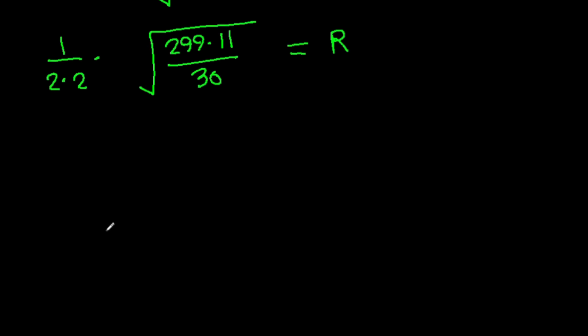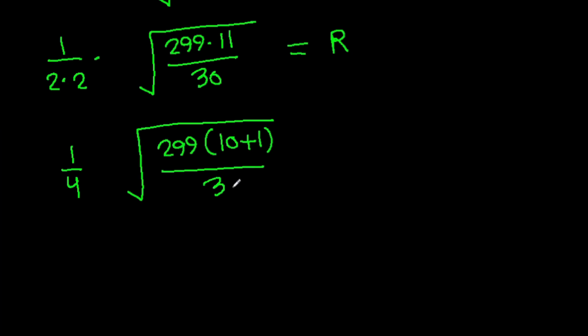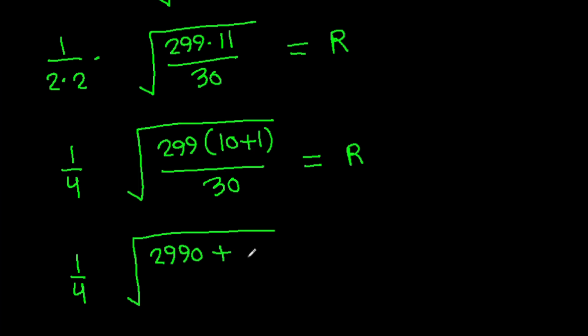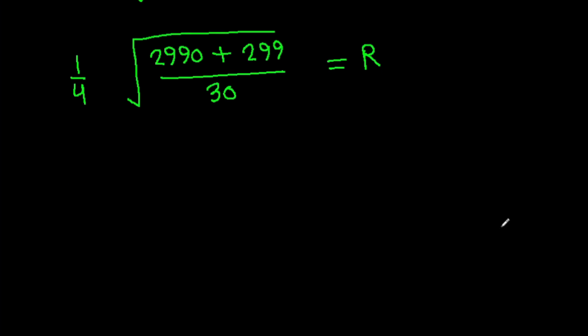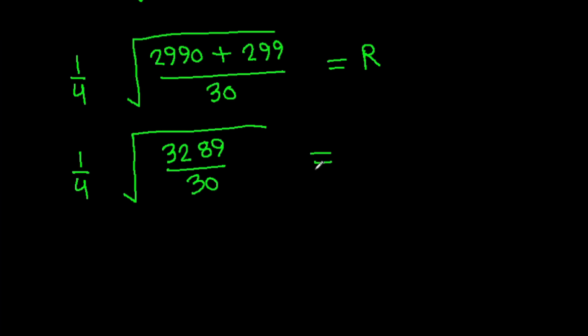and it is 1 over 4 times root under 299 times 10 plus 1 over 30 is equal to r, and it is 1 over 4 times root under 2990 plus 299 over 30 is equal to r, and it is 1 over 4 times root under 3289 over 30 is equal to r.